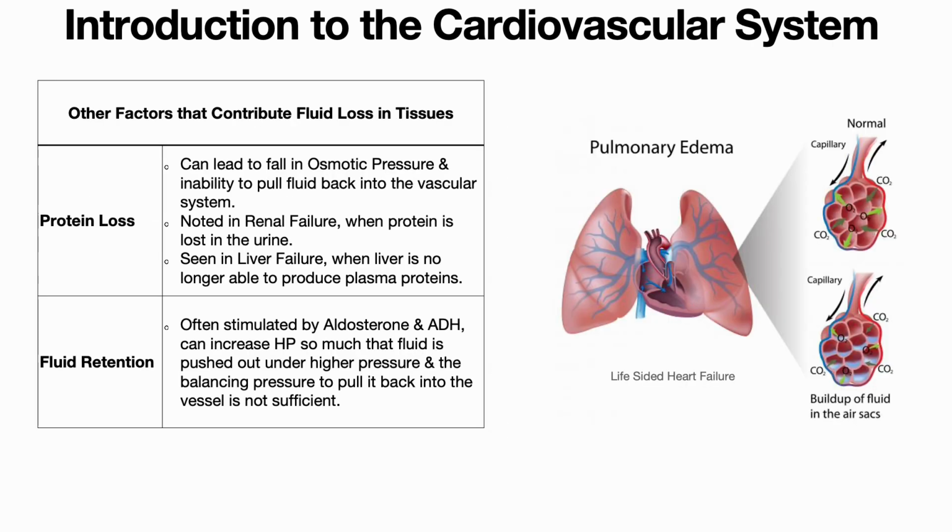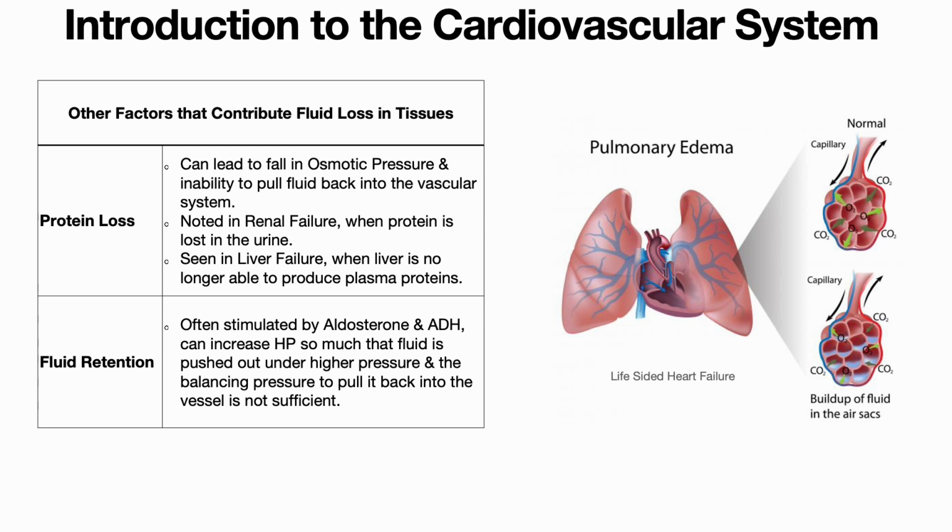We also have other factors that contribute to fluid loss in tissues. And for that, we have protein loss and fluid retention. Protein loss can lead to a fall in osmotic pressure, or OP, and inability to pull fluid back into the vascular system. This is noted in renal failure when protein is lost in the urine.